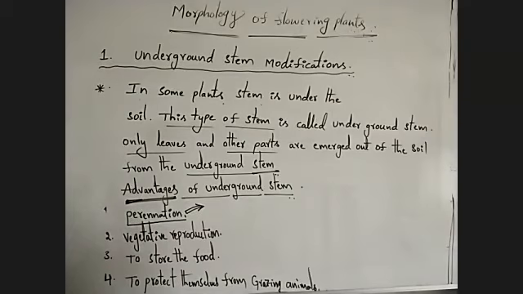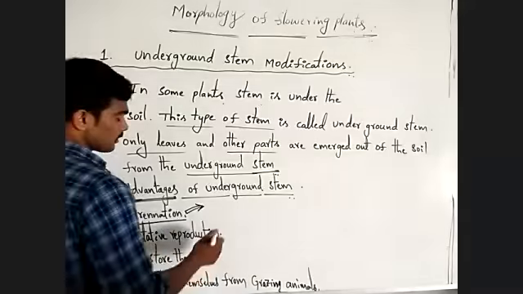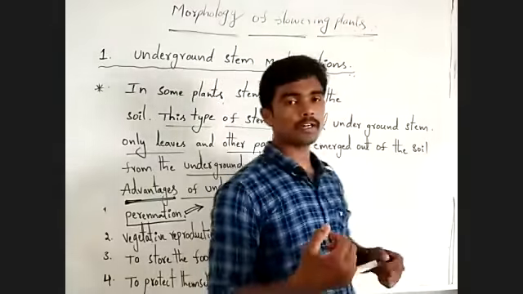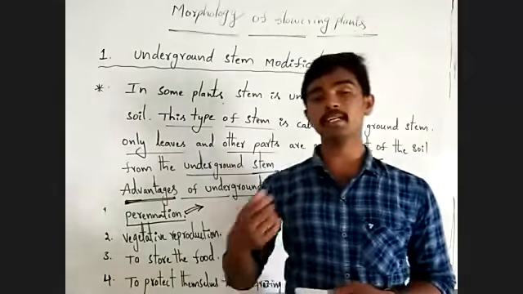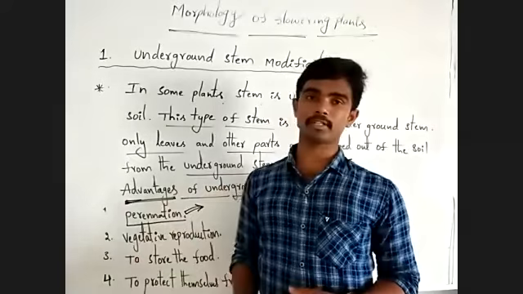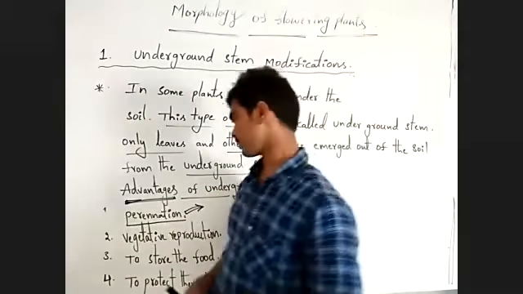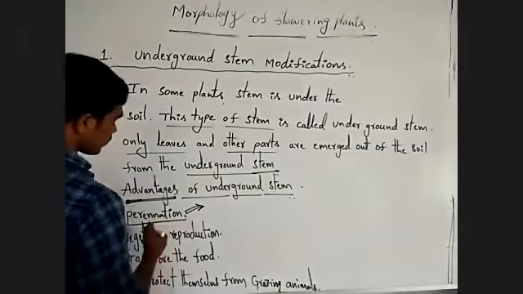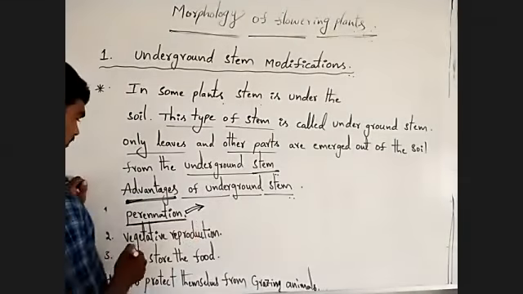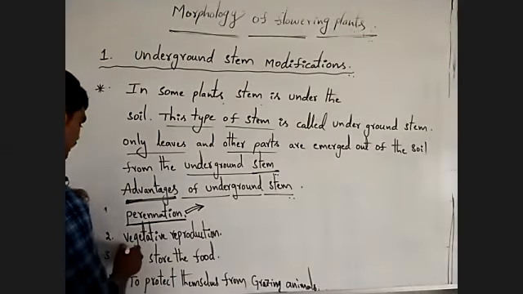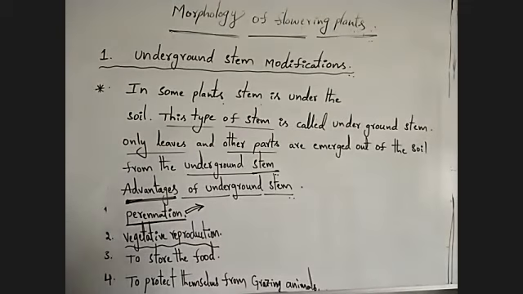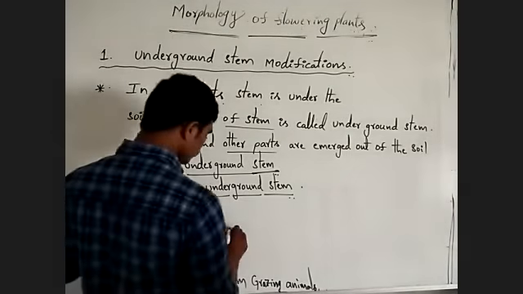Underground stems can live for more years when compared to the normal plant. That is why they are helpful in perenniation of plants. Next, vegetative reproduction.